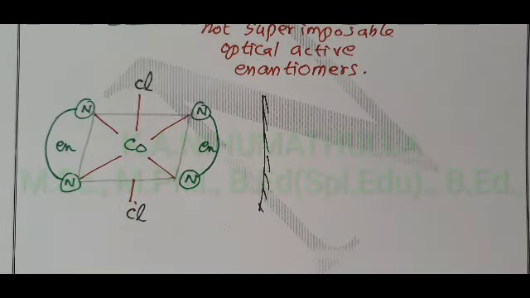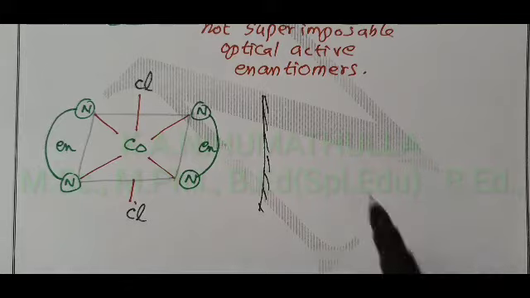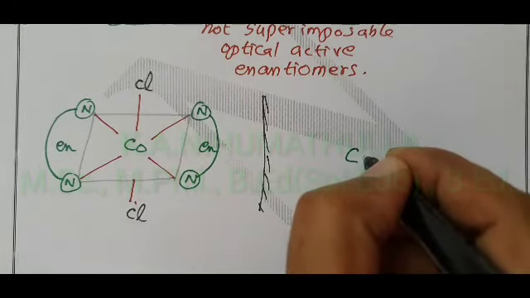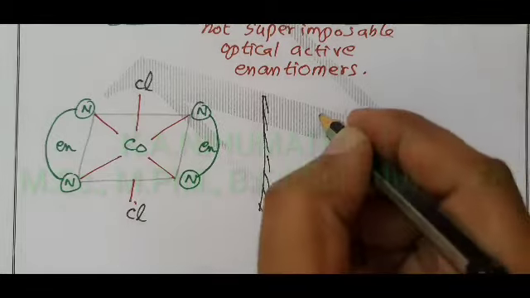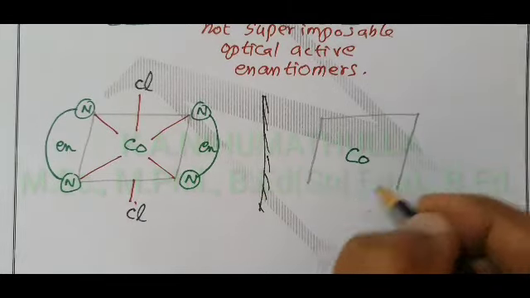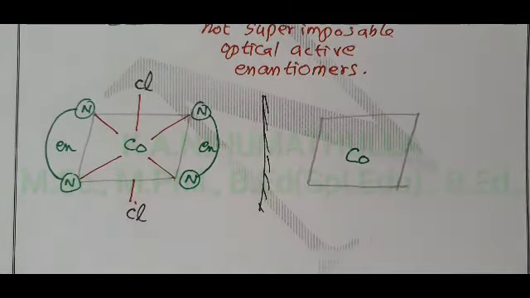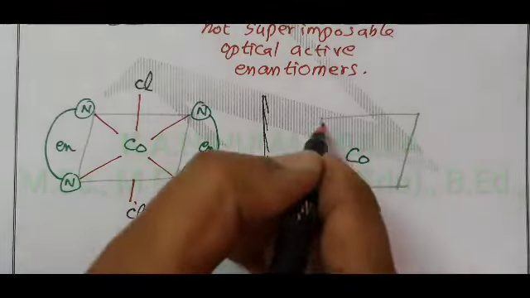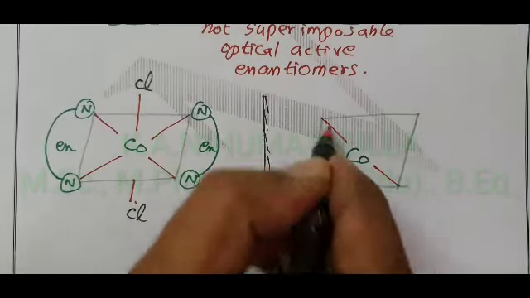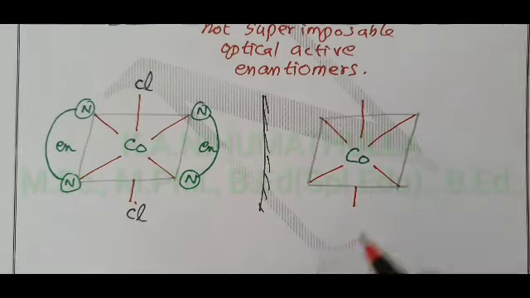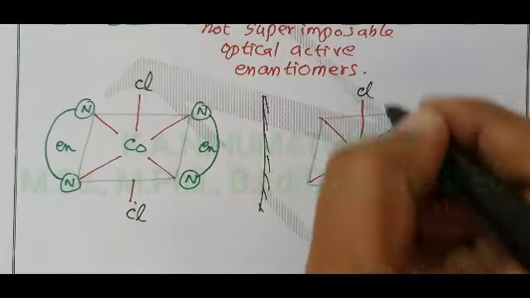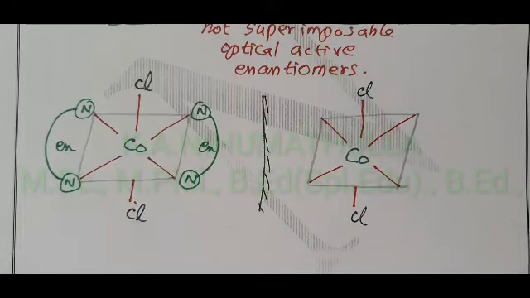then one more mirror image is obtained, Co at the center. This is your square planar arrangement. Mirror image we are going to draw. The bonds are present here, 1, 2, 3, 4, 5, 6, where the ligands are present. These two chlorine atoms are present in 1 and 6 position.